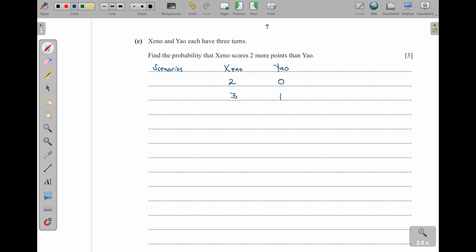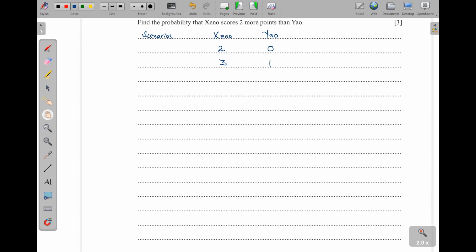Okay? Now, I will let x represent a point scored by Zeno in a turn, and then x prime be the event where Zeno fails to score a point in a turn. The same for y and y prime for Yao.